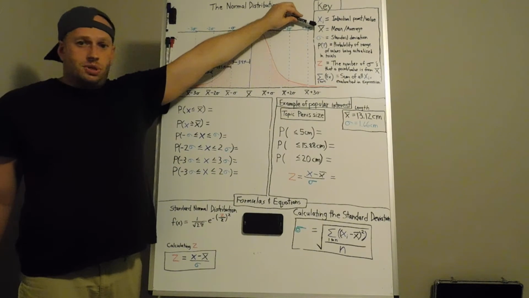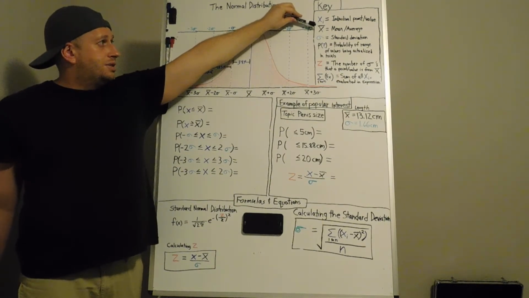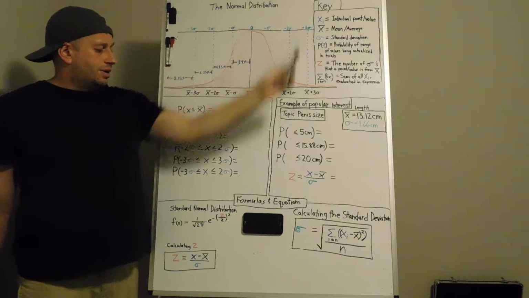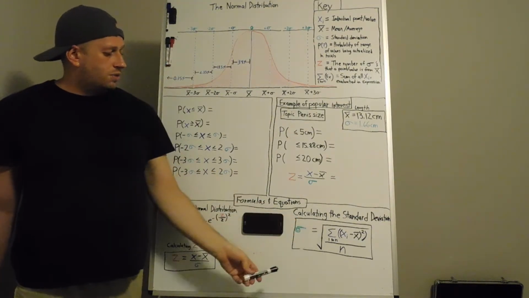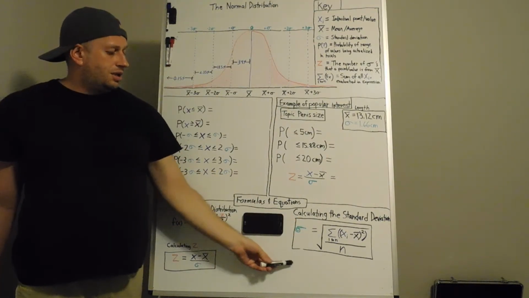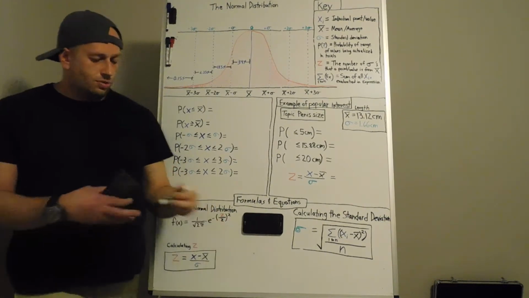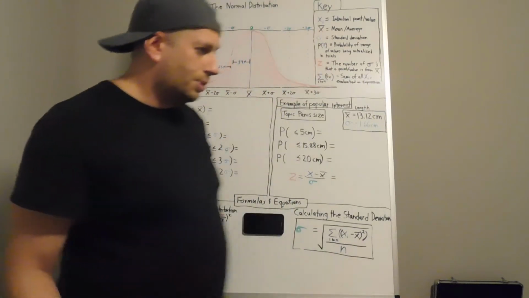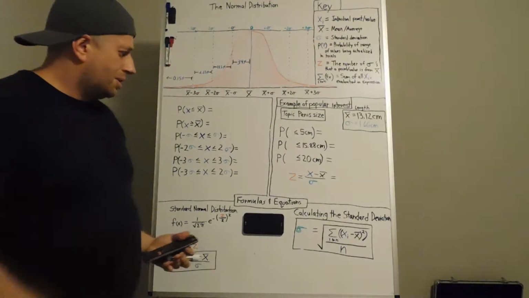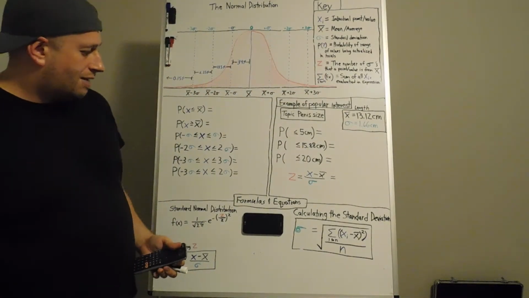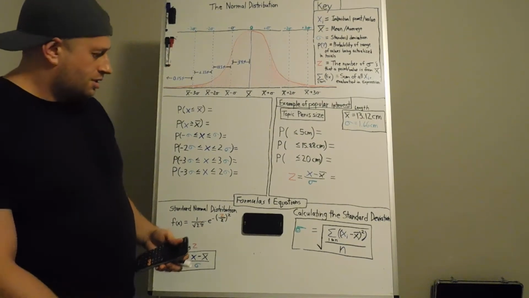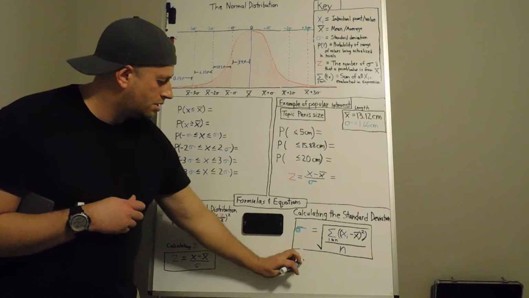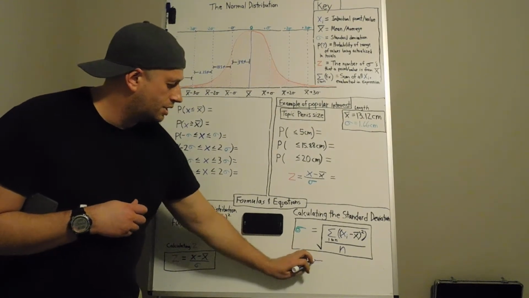Whenever you see an X with a line over it, that means the average or the mean value, which you can calculate. If we were going to use this symbol here, we would just say E and then parentheses. Actually, I'll write it down. Give me a sec. So to find the average, we would do this.